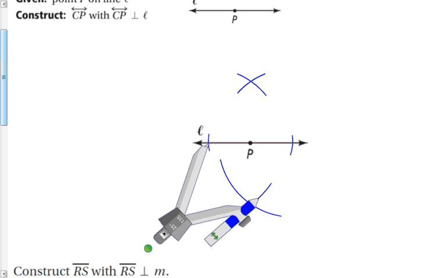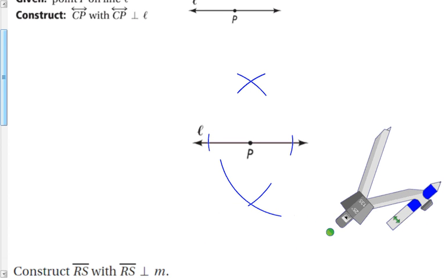And now, if I draw a line through those intersections of those two arcs, I should have a line that's perpendicular. And actually, with your straight edge, you can just go from point P up. And I probably didn't need both sets of arcs to do that, so if you want to save yourself a little time. There we go.